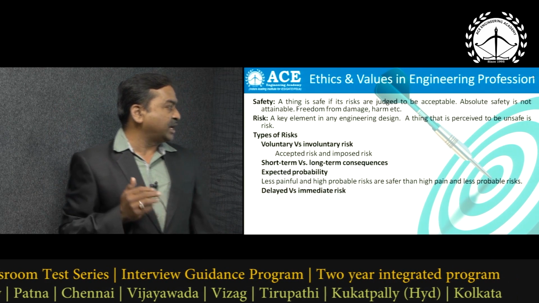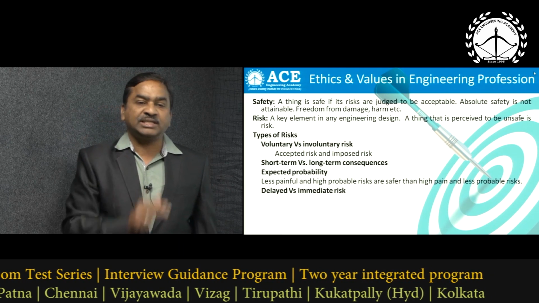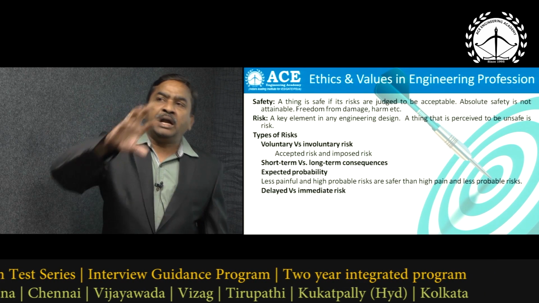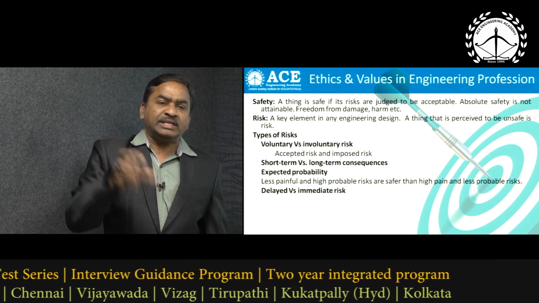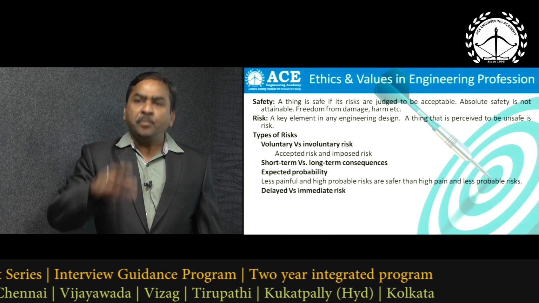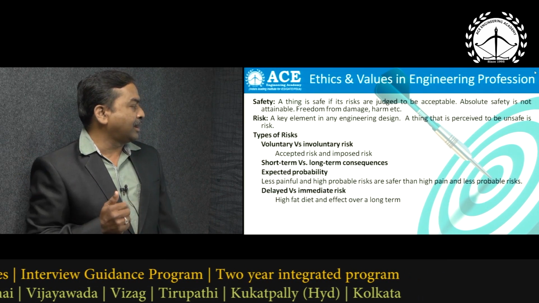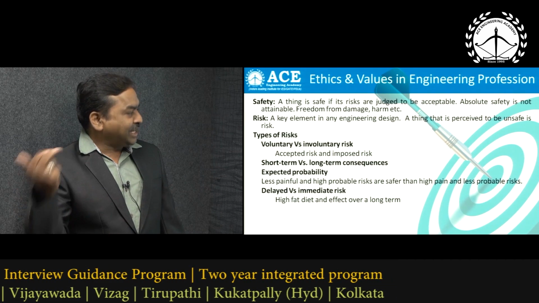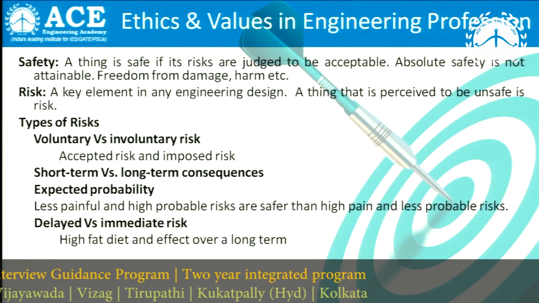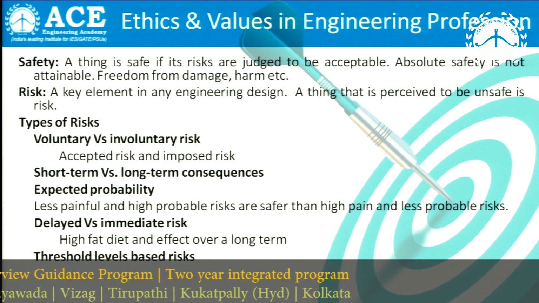That's what expected probability is. Delayed versus immediate. For example, it is known that fatty food is always dangerous in the long run. Still, people violate it. They are ready to take the risk in the long run, attracting obesity related problems, since a high fat diet is effective over a long time.